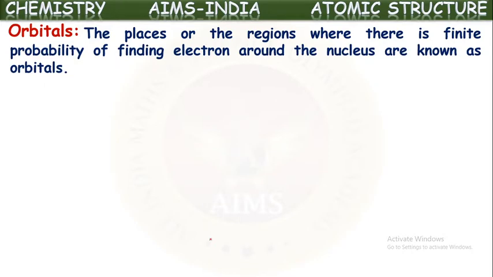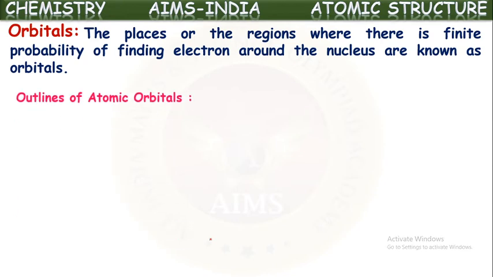What is the definition of an orbital? The places or regions where there is a finite probability of finding an electron around the nucleus are known as orbitals.